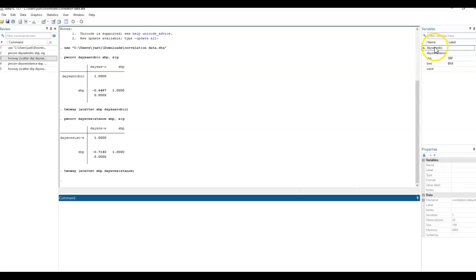So you've already done days of aerobic with systolic blood pressure. You've done days of resistance with systolic blood pressure. You could run correlations between aerobic training and BMI, aerobic training and waist length, resistance training and BMI, and then resistance training and waist length. So pull up that data set and get some more practice in for using correlations.